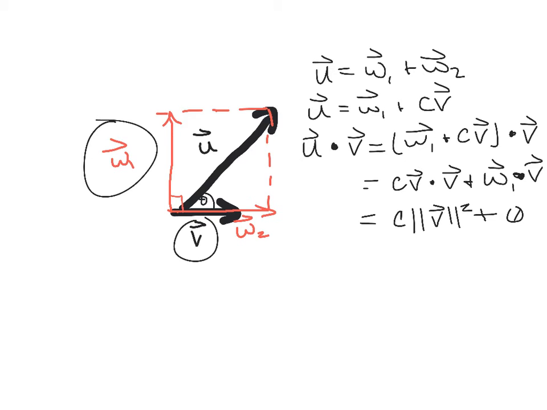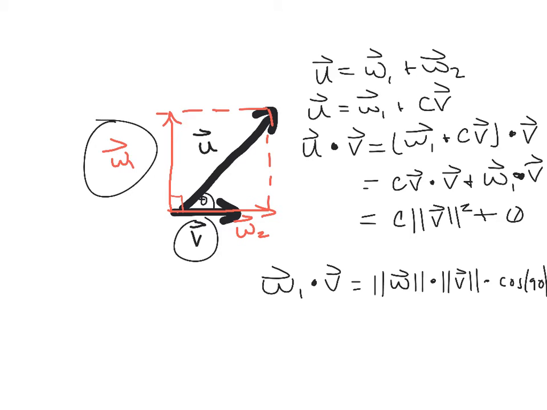Well, remember, W1 dot V equals the magnitude of W1 times the magnitude of V times cosine of 90 degrees.